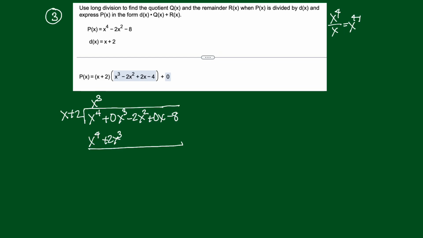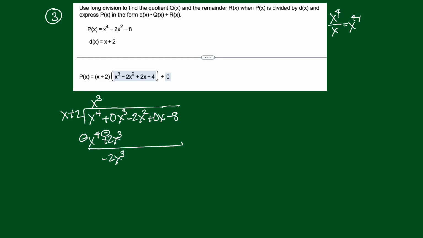So subtract, change the signs, minus, minus. I'll put them in circles to remind us that that's what we've done. So x to the fourth minus x to the fourth is gone. That's a 0. Then 0x cubed minus 2x cubed is negative 2x cubed. There's the subtract. Now bring down.